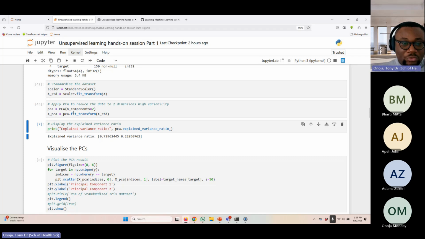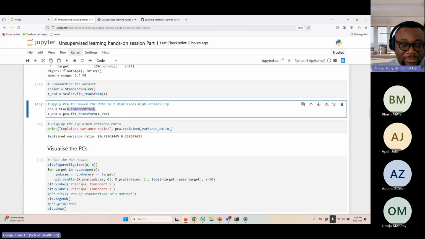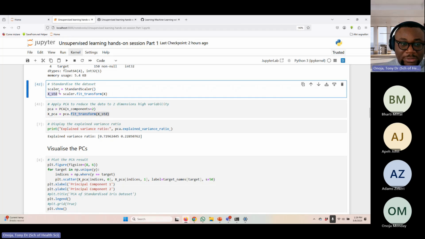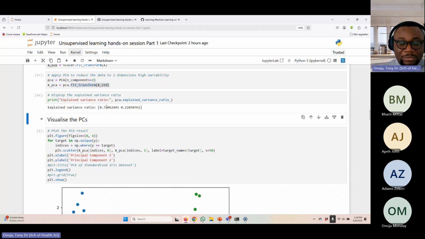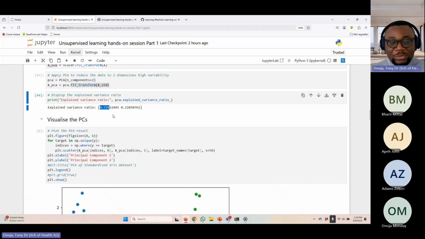So the next thing, you can run the PCA: first you define the dimension, then you fit it. So fit_transform helps you to do that. And remember, this is the dataset you standardized. Now you can visualize how much was explained. You can clearly see that the first dimension captures about 73%. 73% is quite good, very impressive.